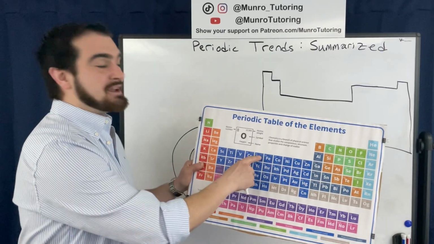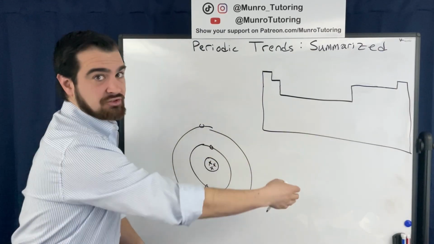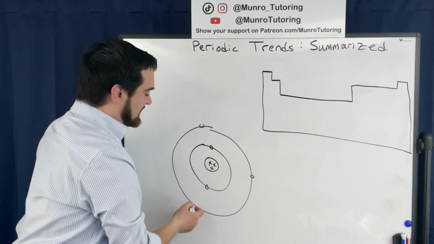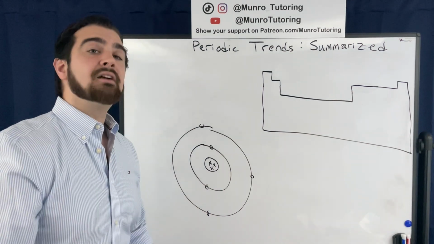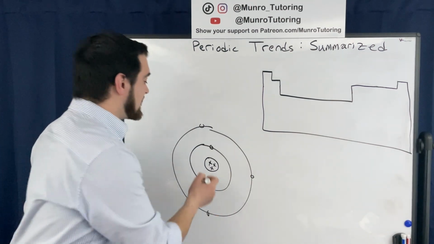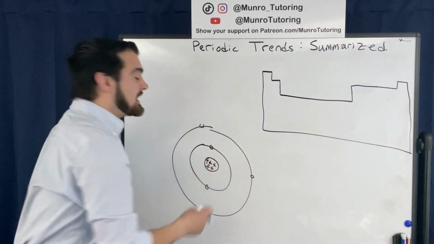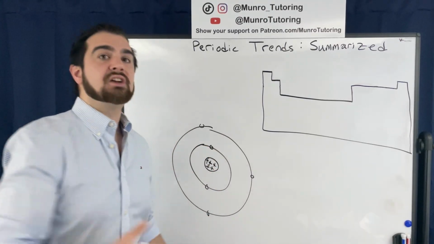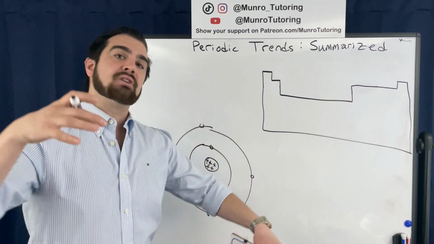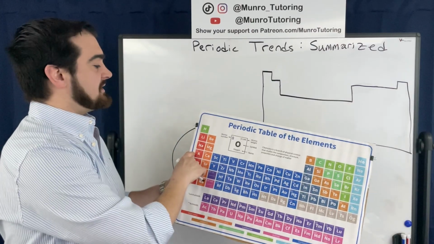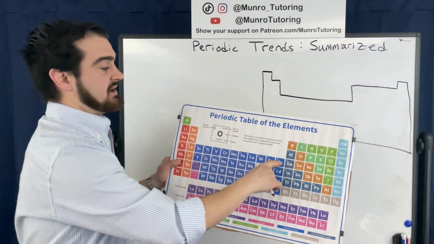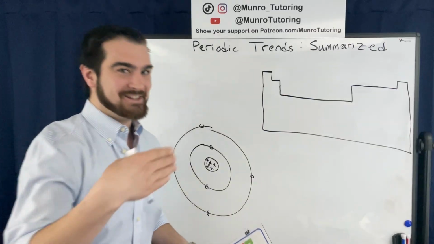So as we go to the right, we're not adding new shells of electrons, we're just adding more electrons to the outermost shell, but we're also, of course, adding protons to the nucleus. And that increased nuclear charge is going to pull those electrons in more tightly and actually make the atoms decrease in radius as we go to the right in general, okay?